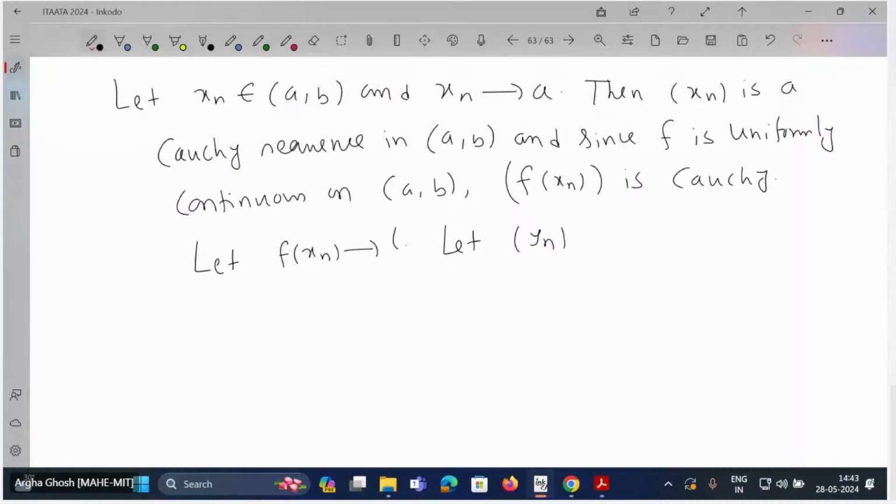So what you have to show is this: let yn be a sequence from (a, b) such that yn converges to a. We have to show that f of yn converges to L as well.